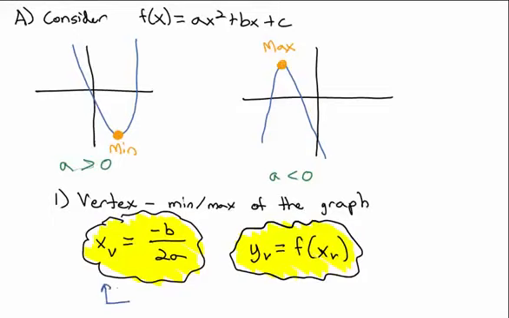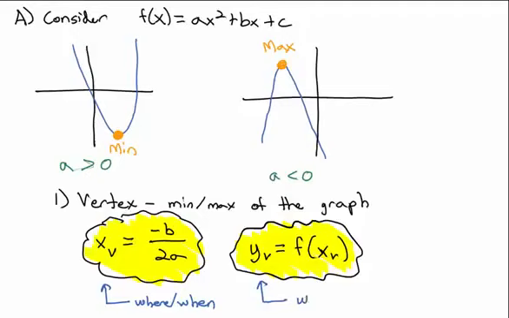The x-coordinate of the vertex tells us where or when the maximum or minimum value occurs. So if we want to know what value will maximize the volume of a box, we don't care about what the volume is. We just want to know when that maximum occurs. That's the x-coordinate.